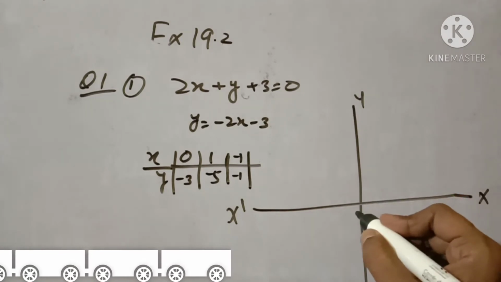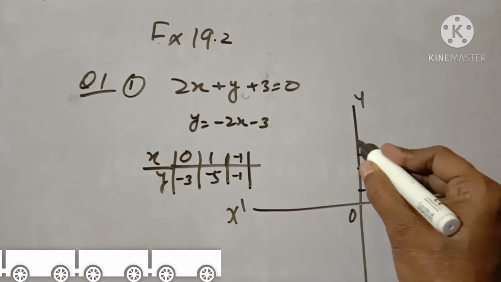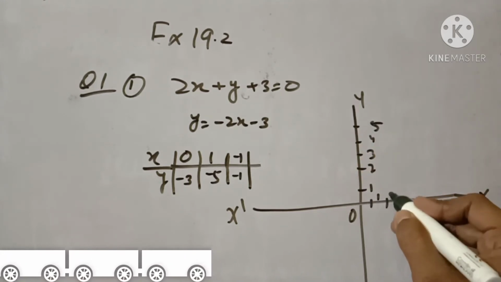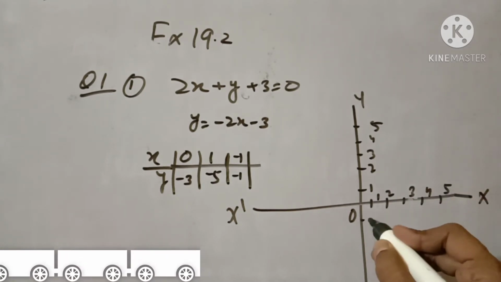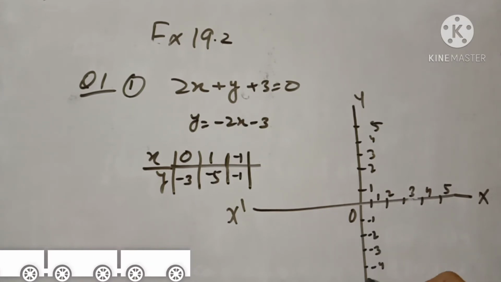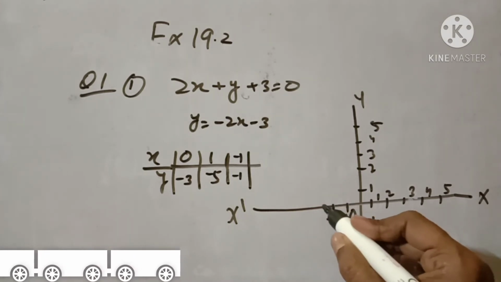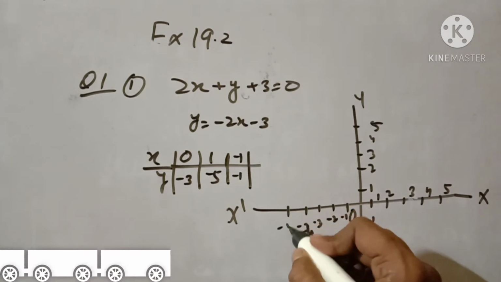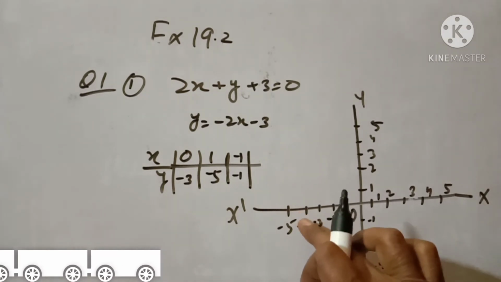I am assuming this point is the origin, then 1 2 3 4 5 on the plus side, and minus 1 minus 2 minus 3 minus 4 minus 5 on the minus side. Remember, 1 unit equal to 1 centimeter you can take, or 2 centimeters, it depends on you only.